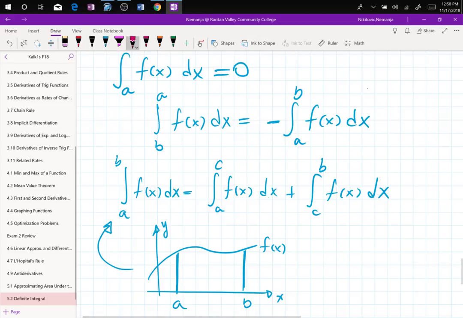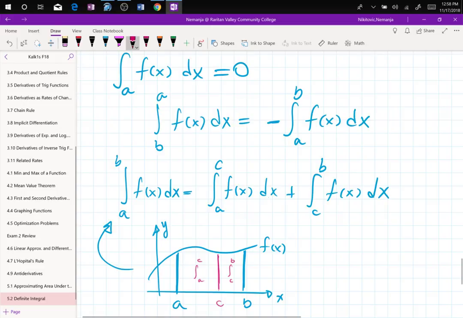So you split, let's say here, at c. So now this becomes the integral a to c, and this becomes the integral c to b. You see that? And when you add them together, you get the whole thing. So the integral from a to b, which is the one on the left, is equal to the sum of the two integrals on the right.